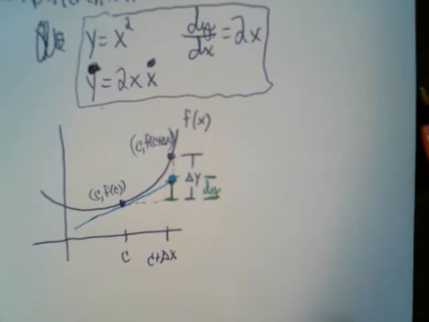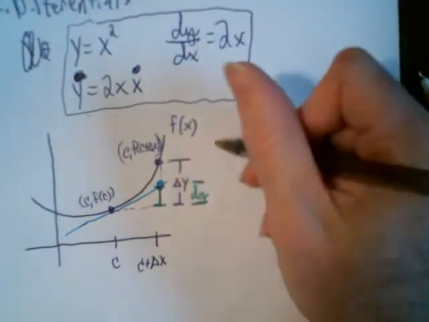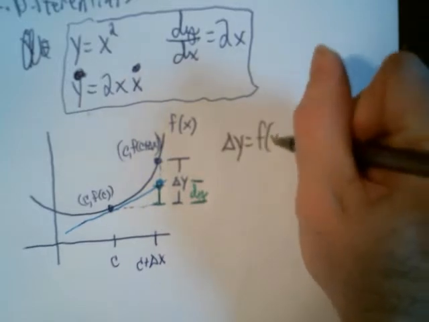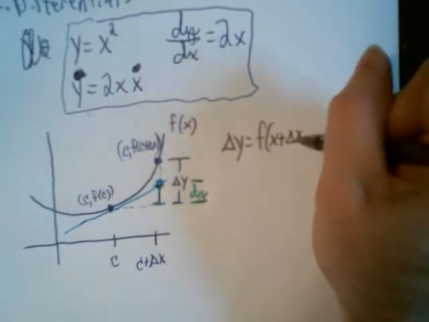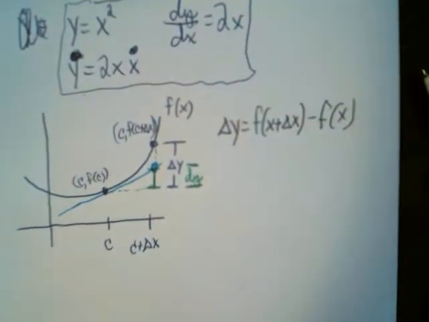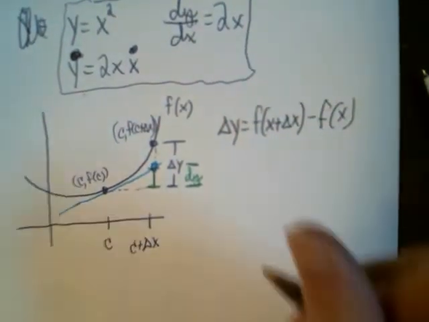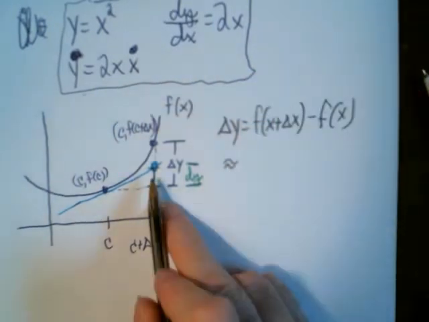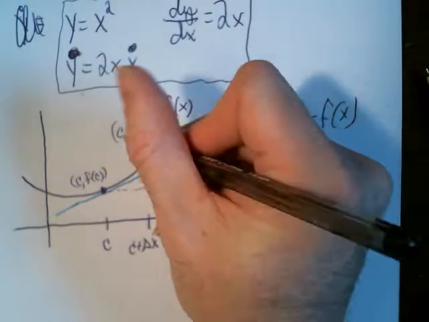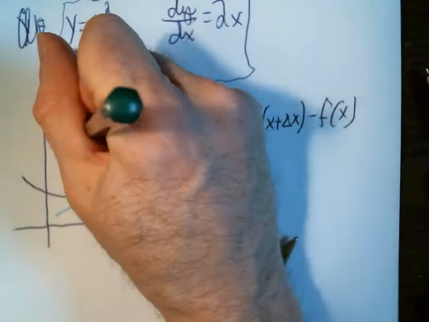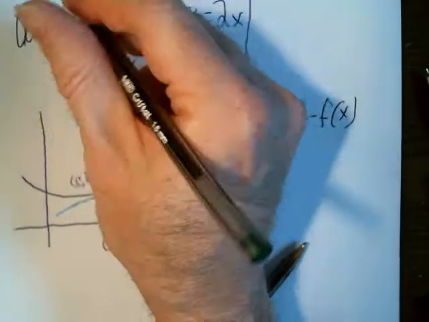So what are those things? Algebraically speaking, the change in y is the difference between f of x plus change in x and f of x. Clearly that's true. To get the differential, we can consider the tangent line. So this point right here, if we were to extract it, let me draw an arrow. What is that point?